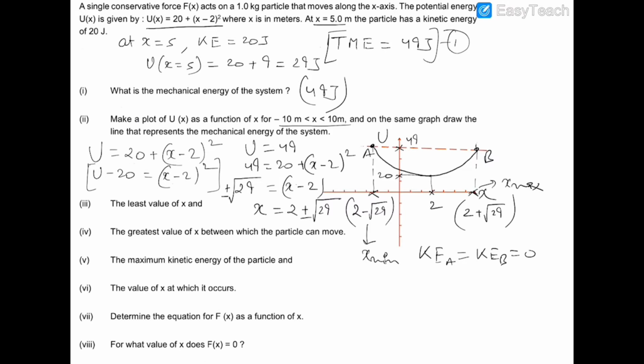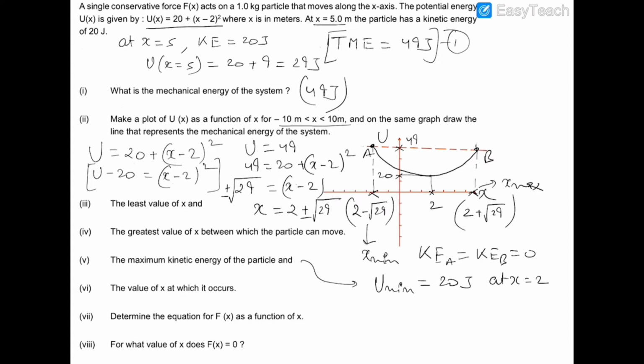The maximum kinetic energy of the particle will be at the moment when the potential energy will be minimum. So U minimum, we can see that it is equal to 20 joules at x is equal to 2.